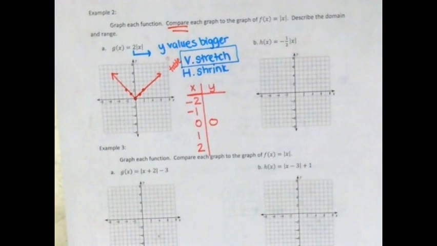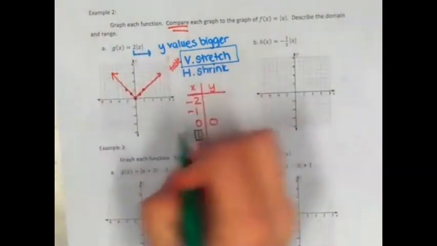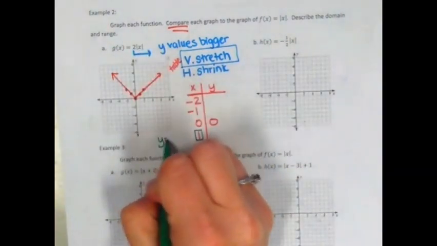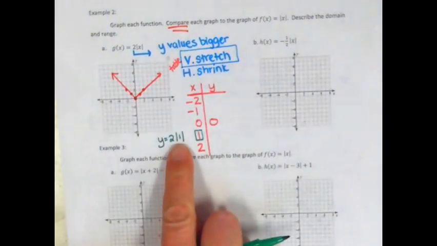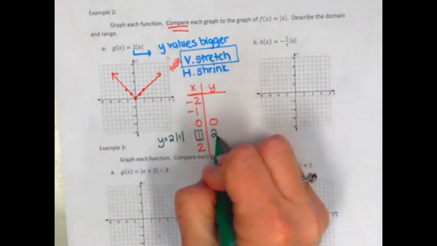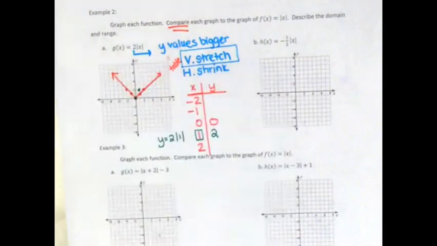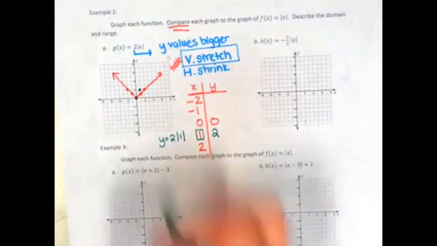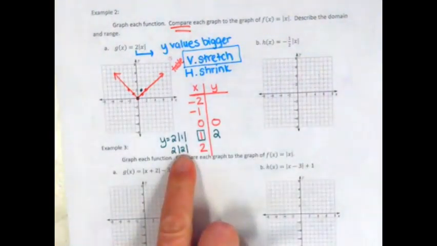If I plug in 1 here, we're doing 2 times the absolute value of 1. What's the absolute value of 1? 1. 1 times 2? 2. So now we have (1, 2). Let's plug in 2. What's the absolute value of 2? 2.